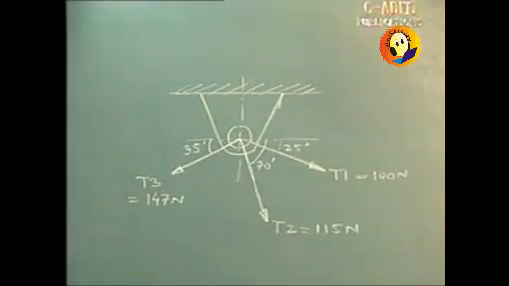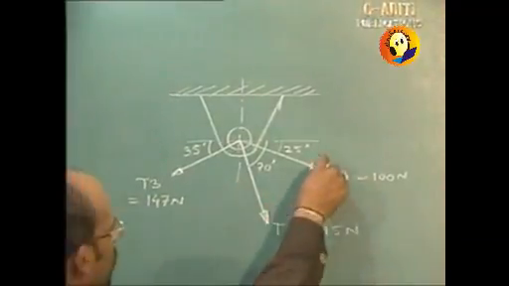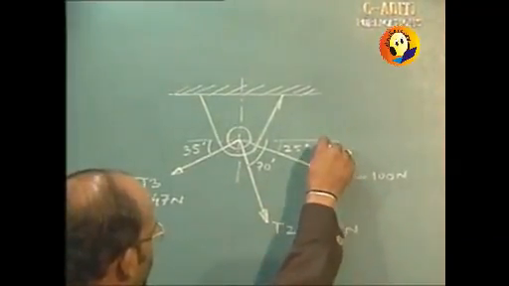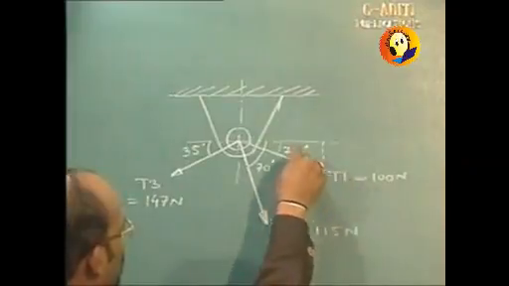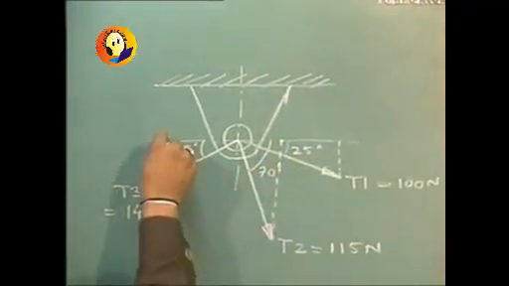Now if we follow our usual convention, then the diagram can be reproduced, or you can simply drop perpendiculars over here if you are to solve it by the analytical technique.